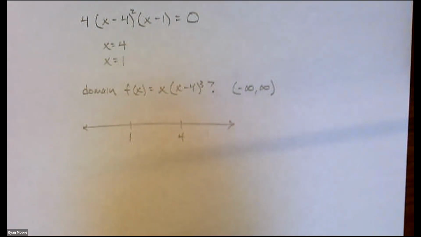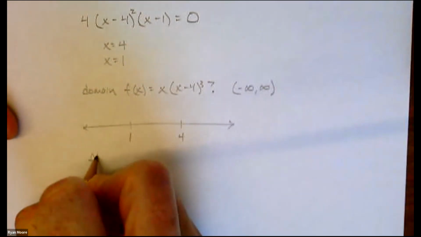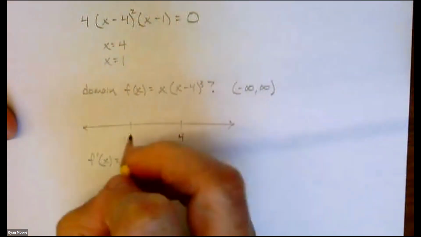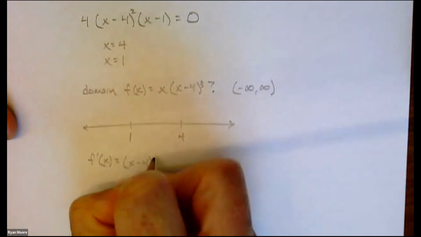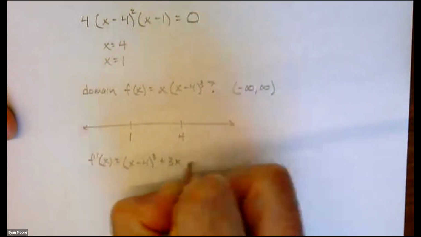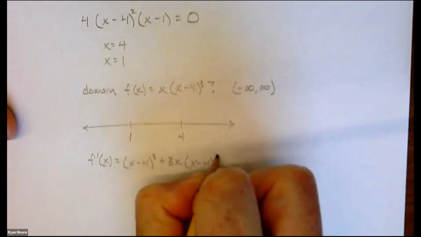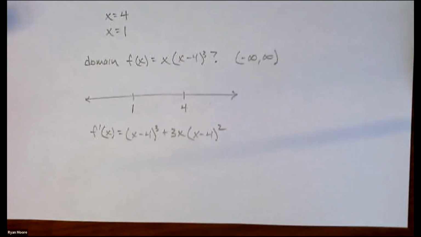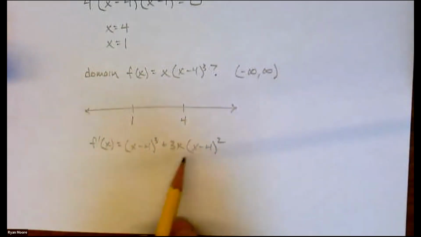Okay, I'm going to put those into f prime of x. Let me write that out again. Here was f prime. You could even factor there, but I'm just going to leave it like this.